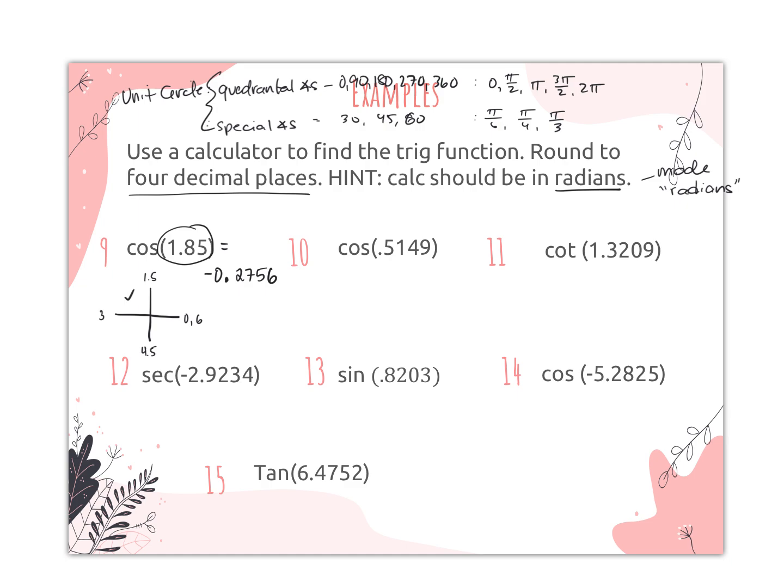But again, you're using your calculator, so we've got 0.5149 as the value. We want the cosine of that, and we're going to get that it equals 0.8703. That's our cosine. And once again, think about your angles.